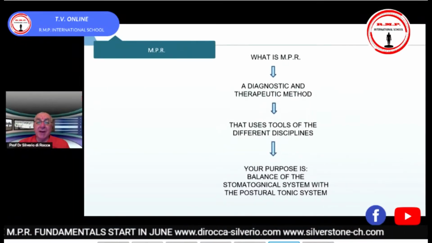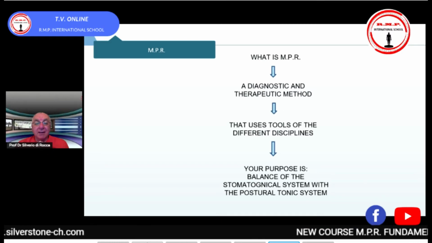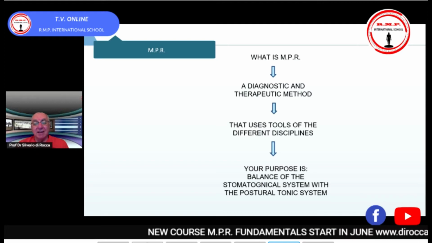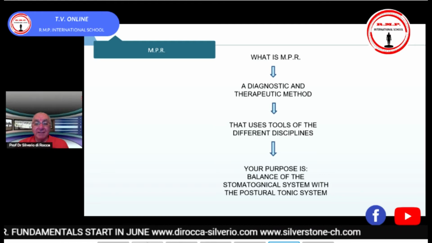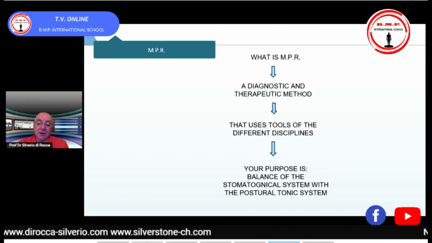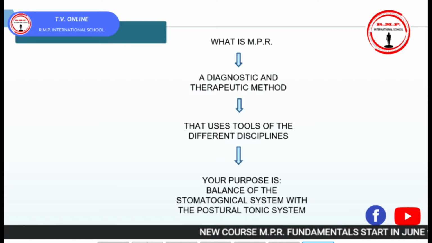And what is MPR exactly? It is a diagnostic and therapeutic protocol that uses tools of the different medical sciences, and the purpose is to obtain a good balance in the craniofacial system and the tonic postural system. That is synthetically the MPR.